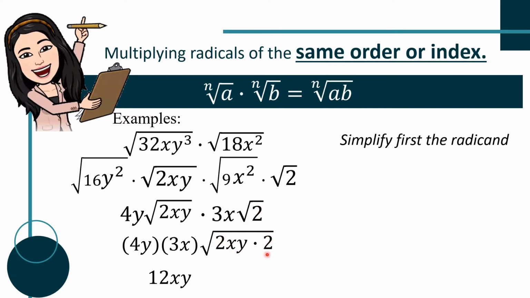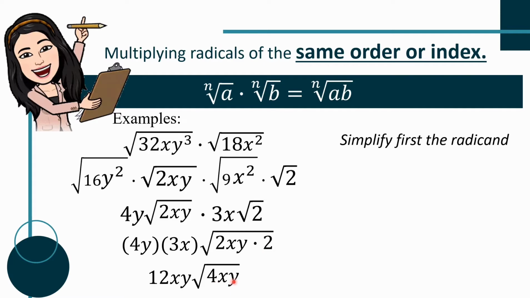So, therefore, let us simplify. We have 4y times 3x. So, that is 12xy. Right? Yes. And then, how about this? 2xy times 2. Since this is a number, we just multiply it with the other number. 2 times 2 is equal to 4xy. Okay?